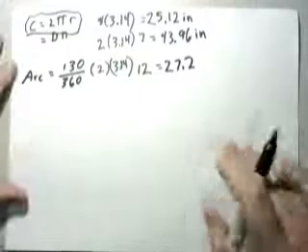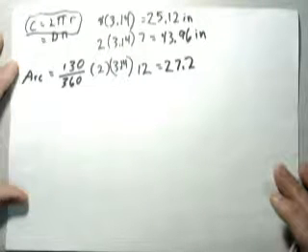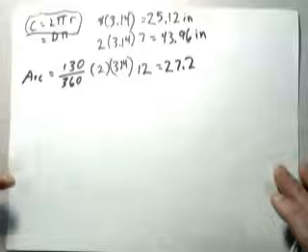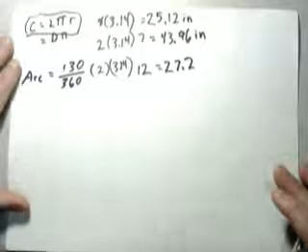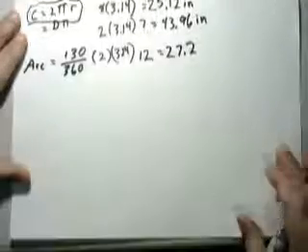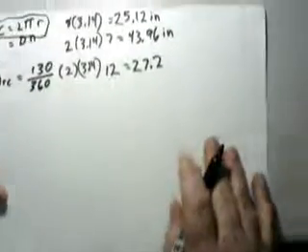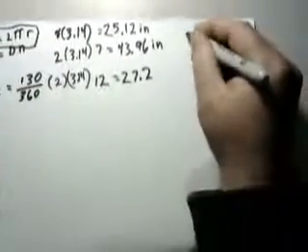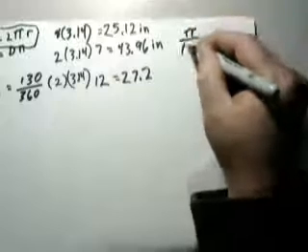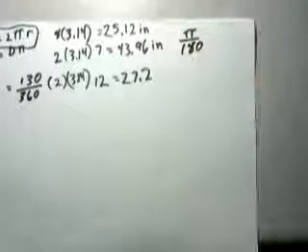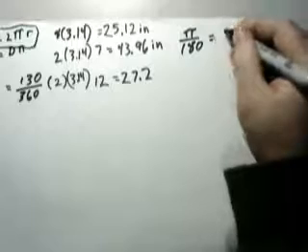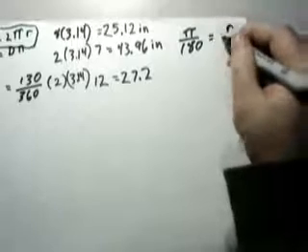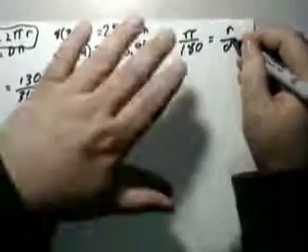Now, number 3 has us converting from either degrees to radians or radians to degrees. And in this case, it is degrees to radians. So remember that the ratio that we use is pi over 180 is equal to the radians over the degrees.